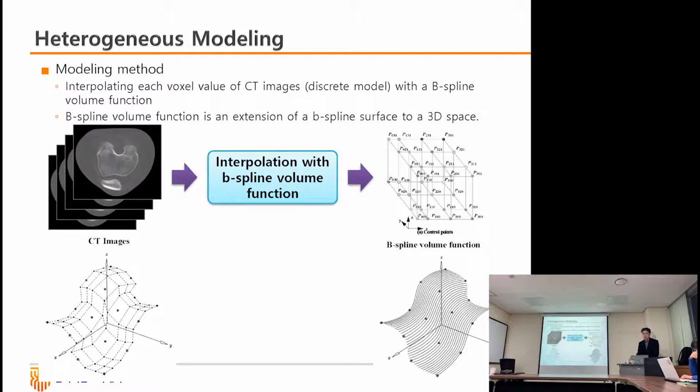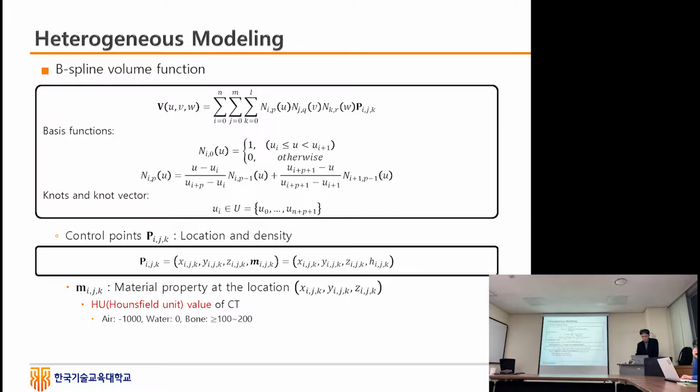Actually, the B-spline function is mostly used in CAD systems to represent freeform surfaces. In my research, I extended it to 3 dimensions, so it is called a B-spline volume function. B-spline volume functions are defined like this. But I'm not going to explain the B-spline volume function in detail. It is a very complex function.